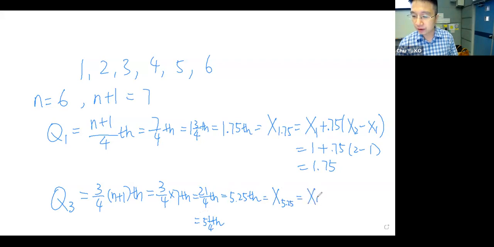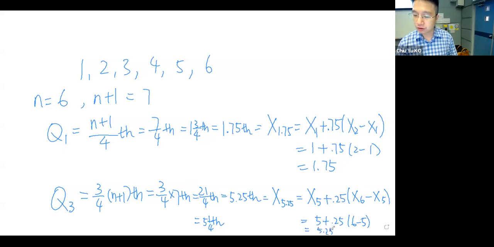And how do we do it? You start from the 5th, take the integer, and then a quarter between 6 and 5. So it's just 5 plus 0.25 of 6 minus 5, so it's 5.25.